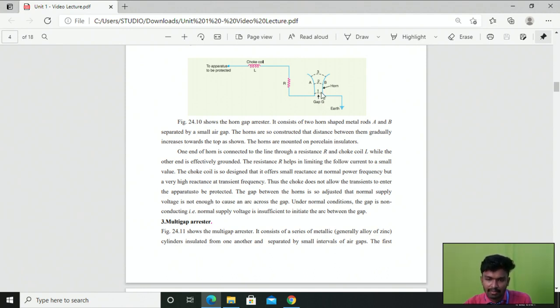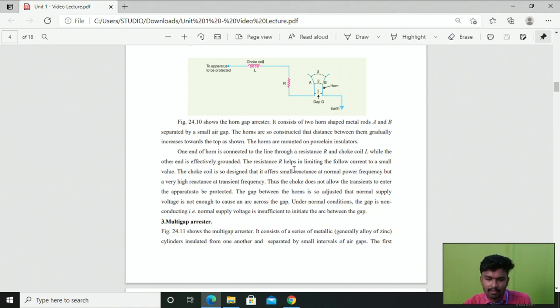At position 1 the length is increased, at 2 it is increased again, and at 3 again. If the arc length is increased, the dielectric strength of the arc is automatically decreased. If the dielectric strength decreases, the arc at position 3 is automatically extinguished. So the fault is disconnected, right?